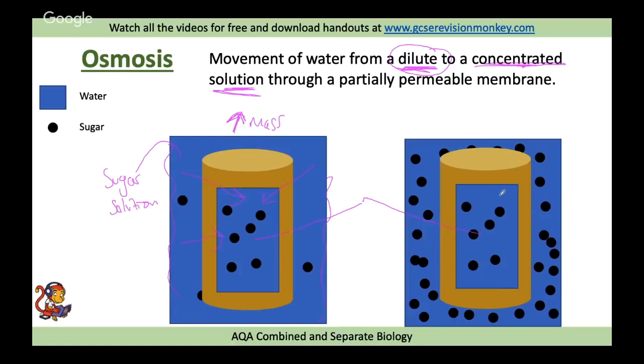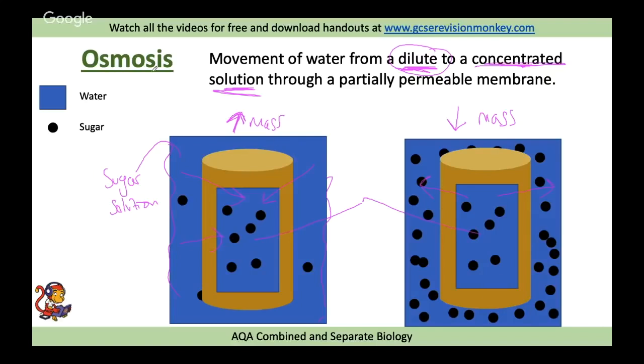So the water will move out of the vegetable into the solution. And in this case, it will decrease in mass. Now, at some point, you're going to get a situation where there'll be no mass change when the solution inside has the same concentration as the solution outside. And we'll look at that in just a minute.